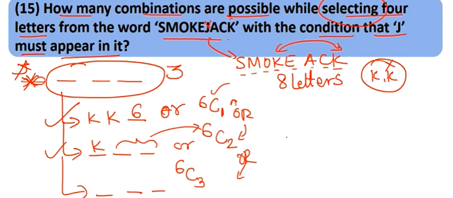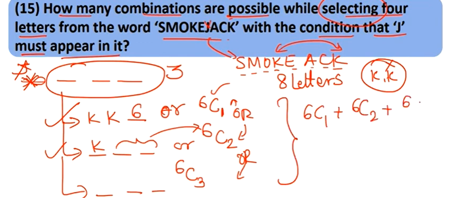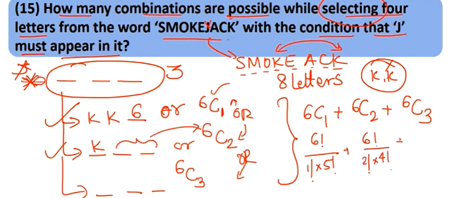So what are the total possible ways or total possible combinations? 6C1, or we can have 6C2, or we can have 6C3. This is nothing but 6 factorial upon 1 factorial multiplied by 5 factorial plus 6 factorial upon 2 factorial into 4 factorial plus 6 factorial upon 3 factorial into 3 factorial.